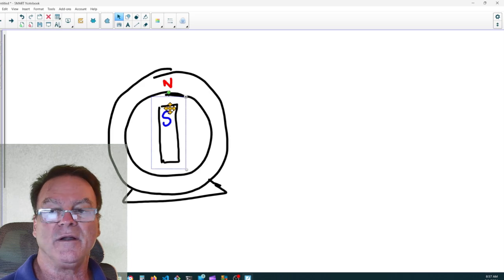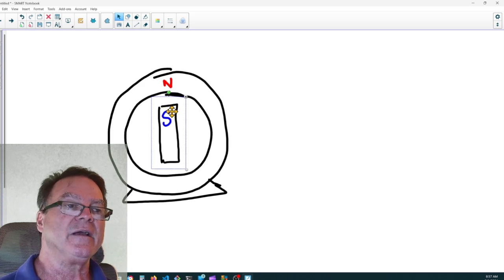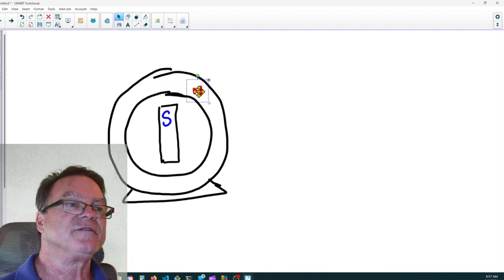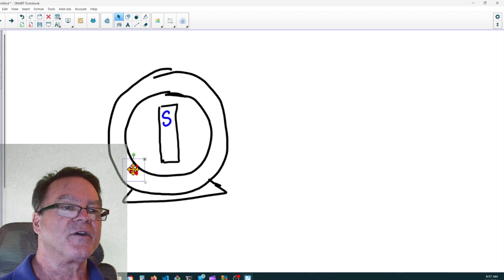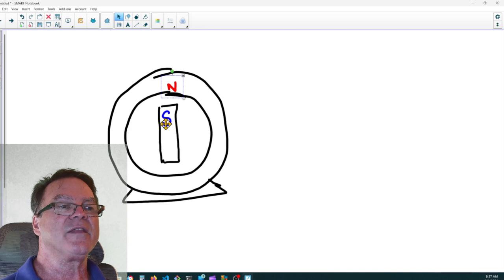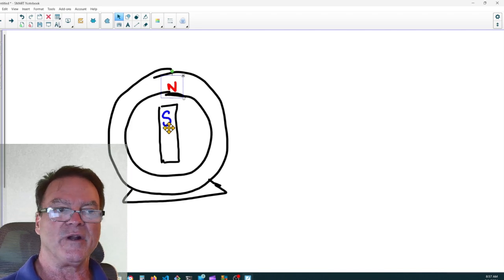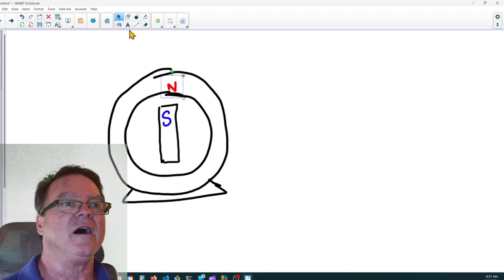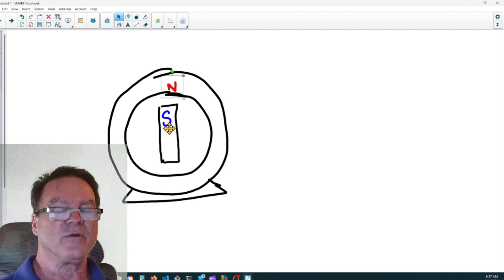It's the only one. Reason being, I have to have lines of flux that are cutting this rotor. So let's say that we're not talking about the synchronous motor anymore. We don't have an external power source creating a south and north pole.